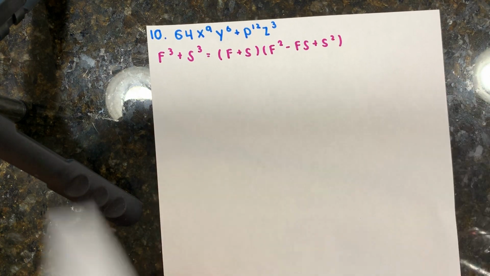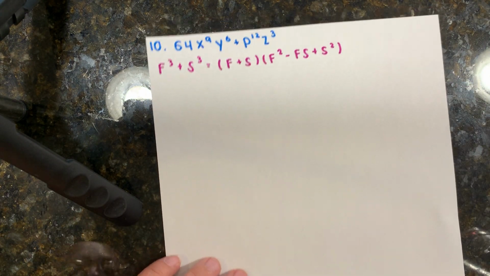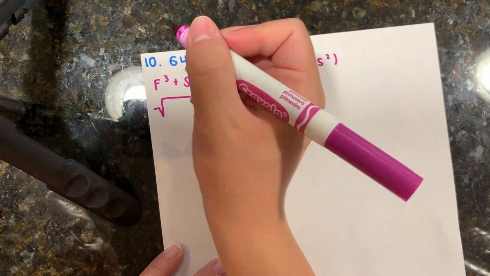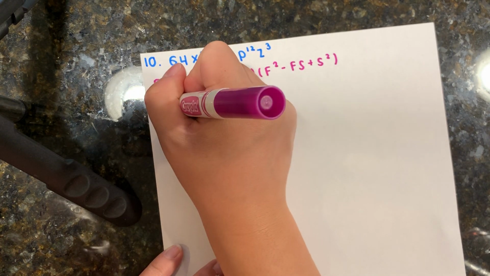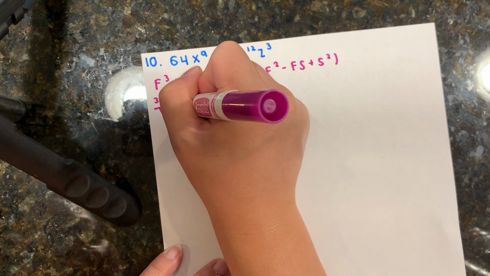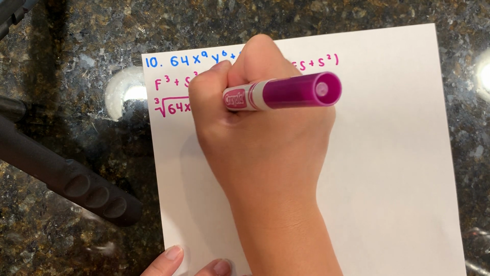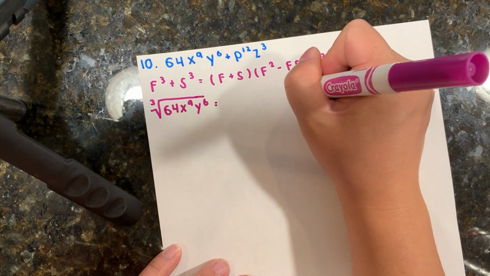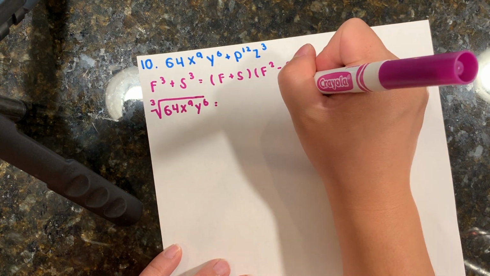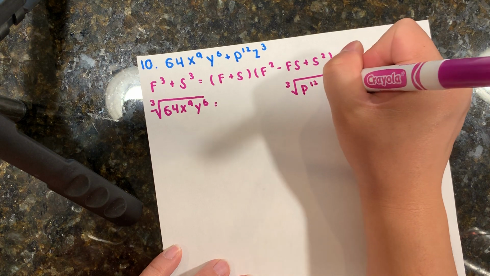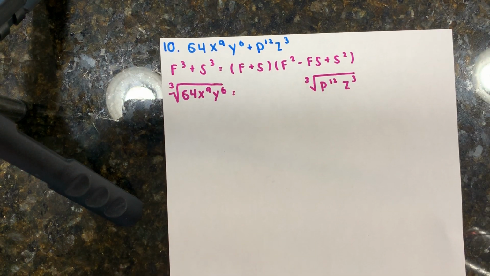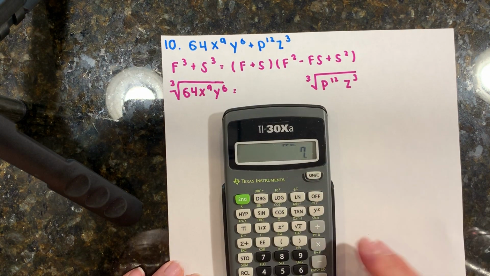Now we're going to take the cube root of both of the terms. So the cube root of 64 x to the 9th, y to the 6th, and then the cube root of p to the 12th, z to the 3rd. Now when I take the cube root of 64, I'm going to use my calculator.